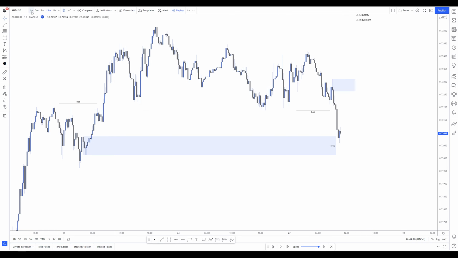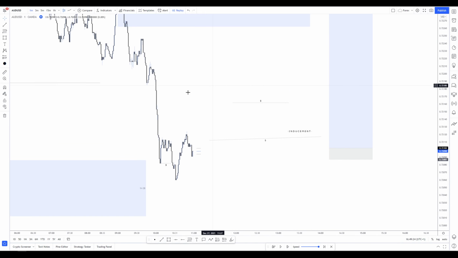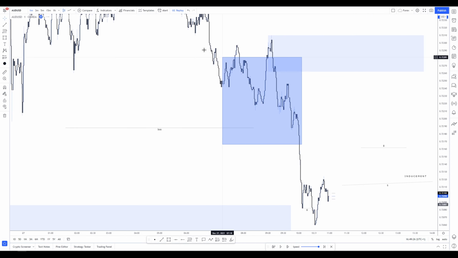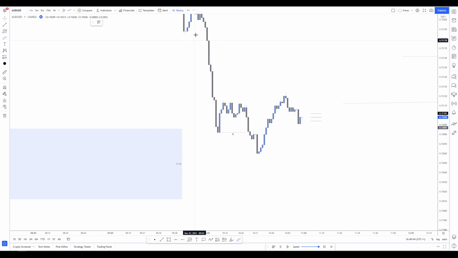So let's go to the 1 minute chart and have a look at this. I already made the drawings and I will explain everything to you right now. Price came down to the order block with strong momentum, as you can see here, but reacted pretty good to the area.